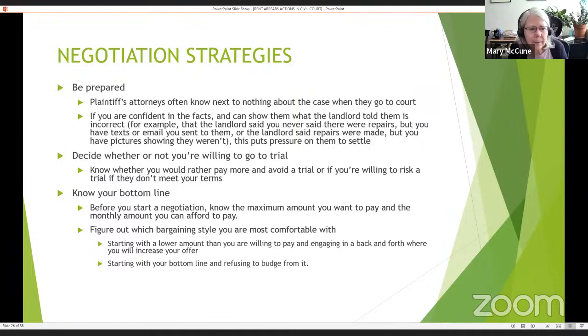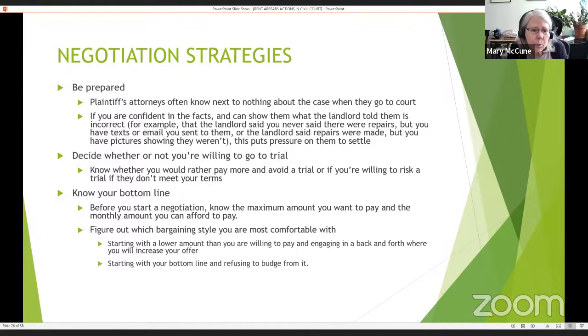You look at your monthly expenses, like I can pay 50, but I said I'd pay 100 a month. There's no way I can do that. Don't be in that situation, because once you sign something in civil court, it's really hard to undo it. It's hard in any court, but civil court, it's even harder. So figure it out before you start negotiations.